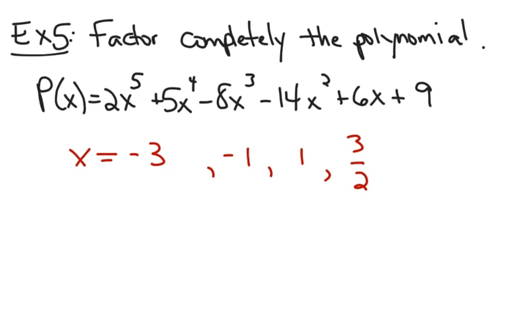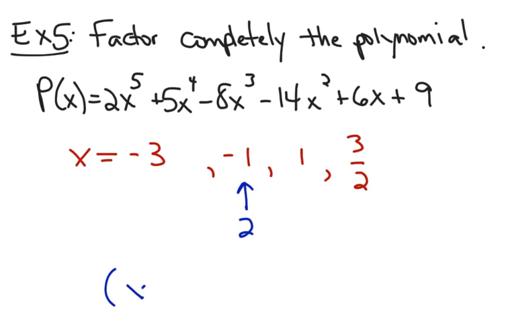Now, the one thing I do want you to notice on your graph is that at negative 1, instead of the graph passing through the x-axis, that one bounces off. It looks quadratic. That means it has a multiplicity of 2.